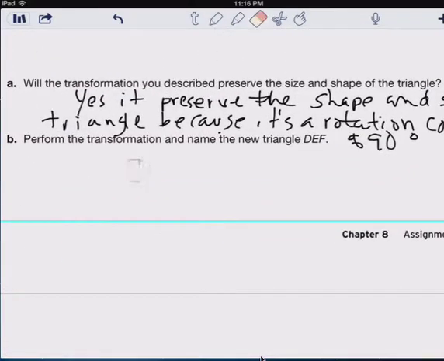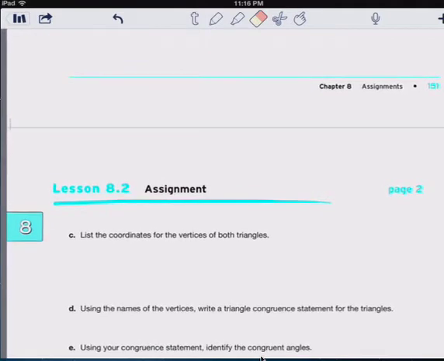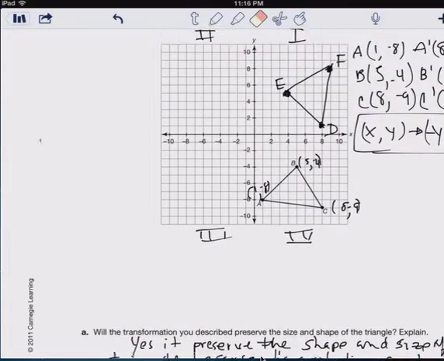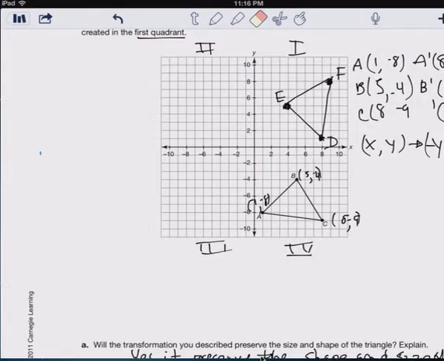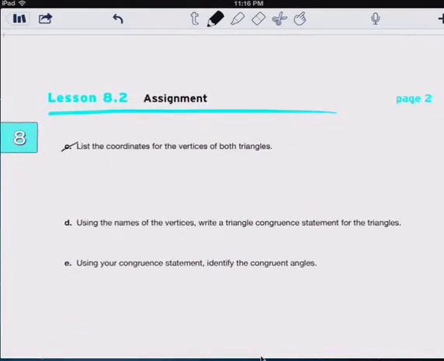We did that. List the coordinates of the vertices of both triangles. Oh, we did that here. So it's done. We don't need to do it again because we listed it on top over there.